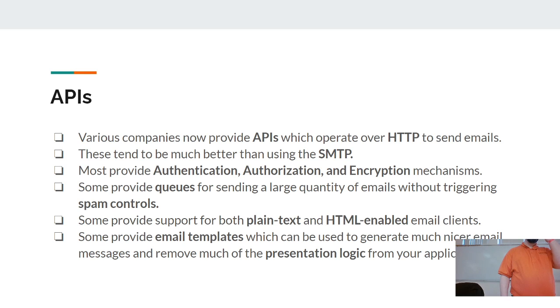Some packages don't always support HTML. In fact, my experience has been that if things go to junk, oftentimes the version they show in junk is the plain text version, versus what you get in your inbox is the fancy HTML version. So a lot of times you have to send them both. Send them a version that's just plain text, and send them a version that's HTML.